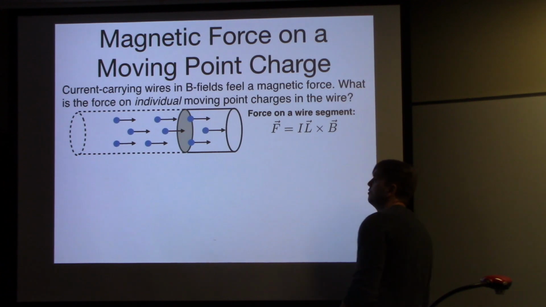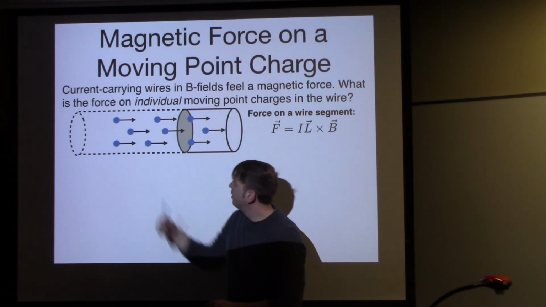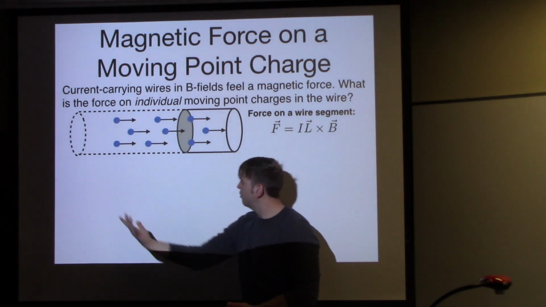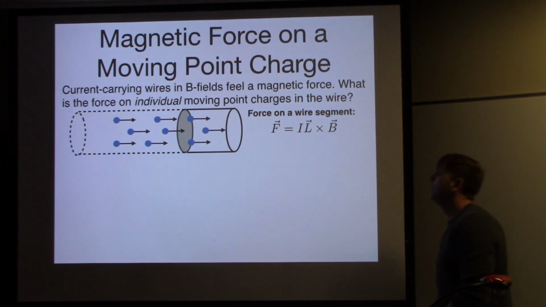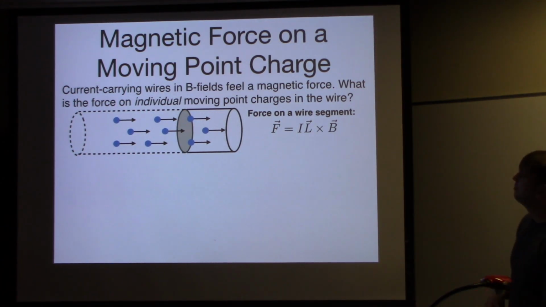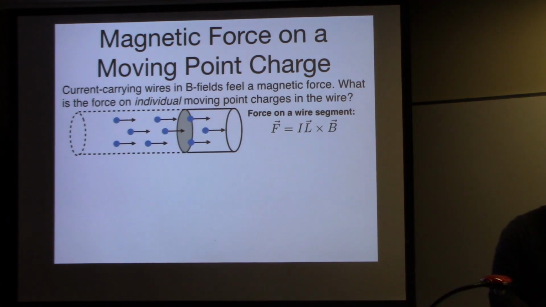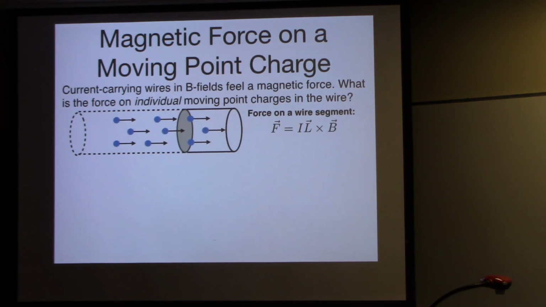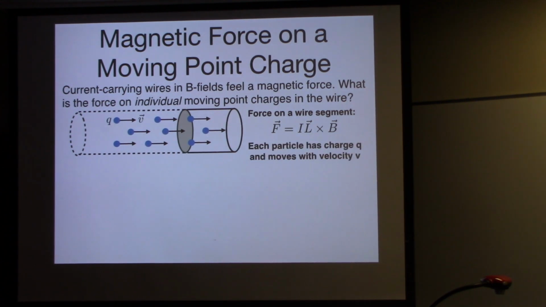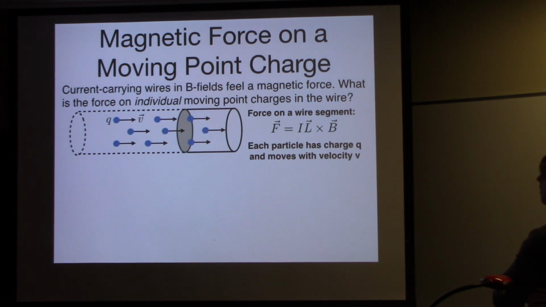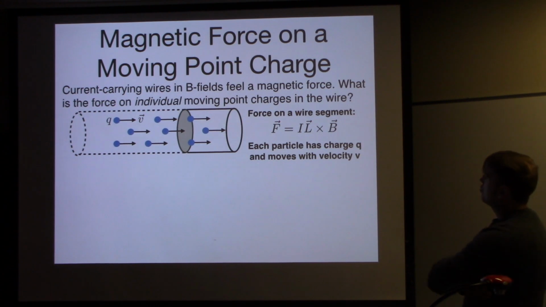We have a bunch of moving charges, and they all flow in a certain direction, which is given by what we call the drift velocity, but let's just say they're all going to the right in this case. Okay, so the force on the overall wire segment is IL cross B, as we've seen. And we're going to try to take what we know about that to say something about the individual charges.